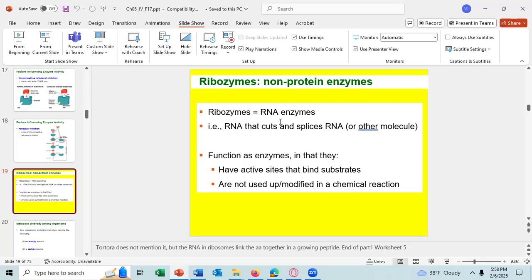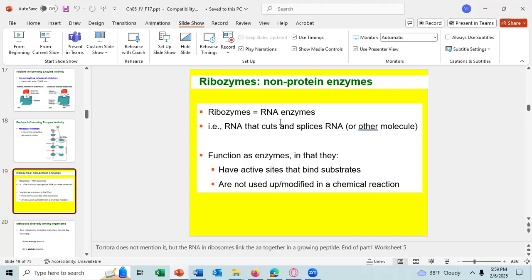And Tutora does not mention it, but he does mention the chemical reaction. And that is when you are making your protein, you first take the tRNA, bring the amino acid, the very first one, to the ribosome. And then you combine that amino acid to the second amino acid.